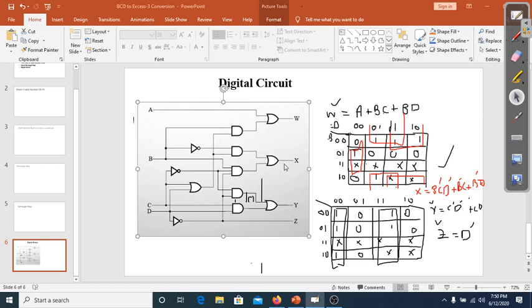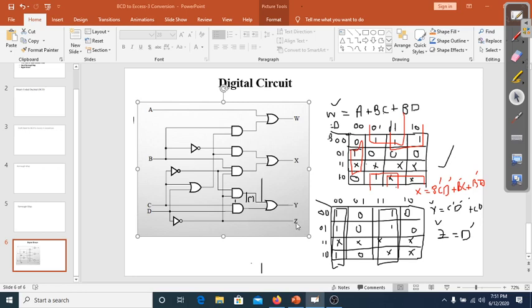For X, you can construct this digital circuit in your own way. X is equal to B C prime D prime plus B prime C plus B prime D. Similarly Y: this AND gate provides CD, and this AND gate provides C prime D prime, so Y is equal to C prime D prime plus CD.